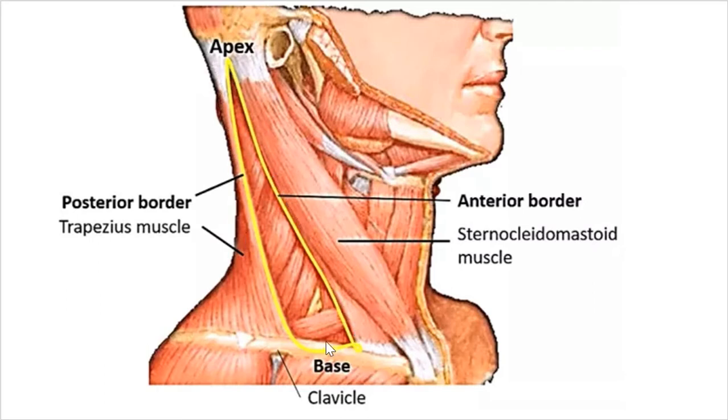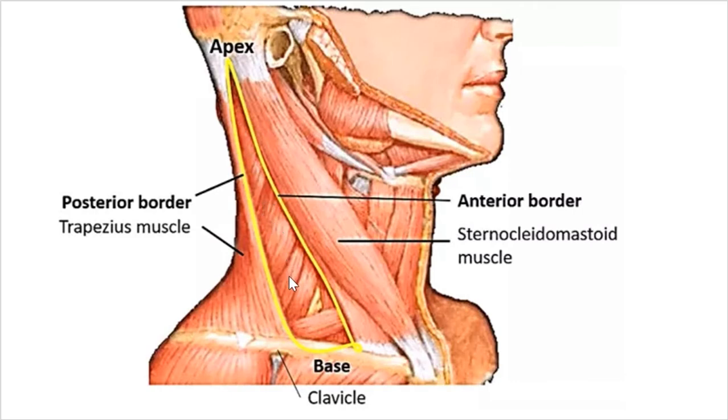So this is the triangle which is called the posterior triangle, and it has many other muscles as well, which form the floor of the triangle. The floor of the triangle is formed by the splenius capitis muscle. Then we have levator scapulae.